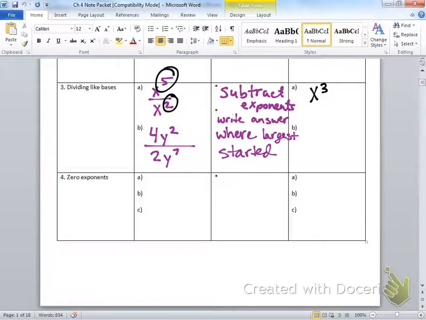All right, on part B, these are just regular old numbers. What's regular old 4 over regular old 2? 2, and that would go on the top, right? It's like 2 over 1. Where are our leftover y's going to end up? On the bottom. So I will have a top and I will have a bottom. What goes in our denominator?